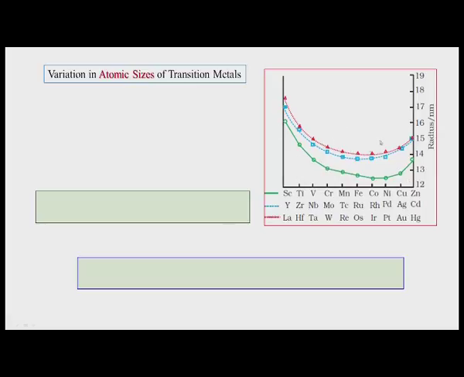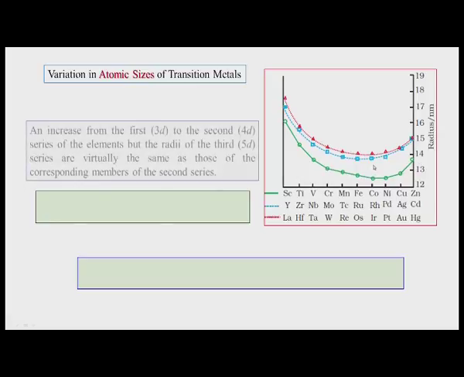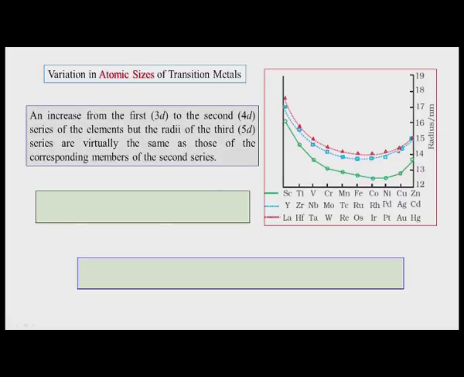Always remember that it is the change in the atomic sizes, not ionic, where the metals from scandium to mercury are all present in the 0 state, the metallic or elemental state. So, scandium 0 to mercury 0, with radius on the nanometer scale. Why are we talking about this? Because we are simply comparing, and obviously the size is less for your 3d series compared to the other series.